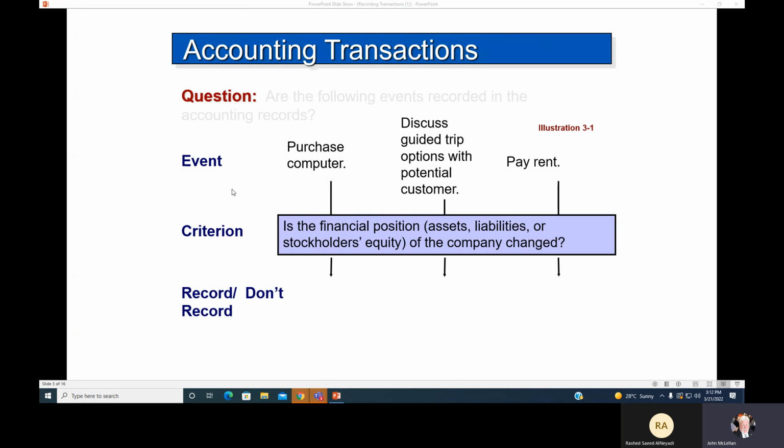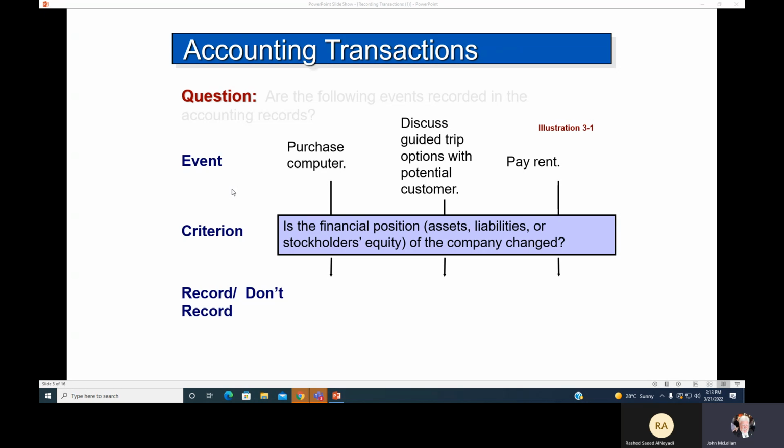I discussed a guided trip with a potential customer. Is that a transaction? I am a travel agent and you come in and you want to book a trip.